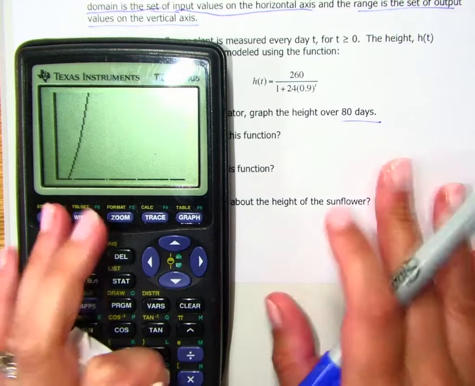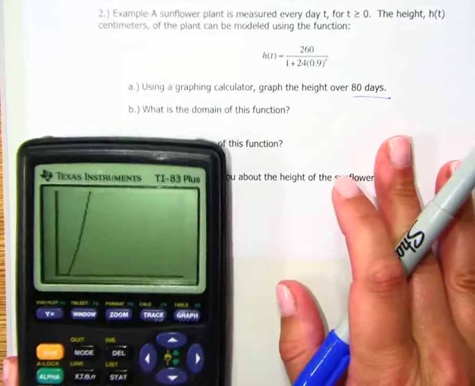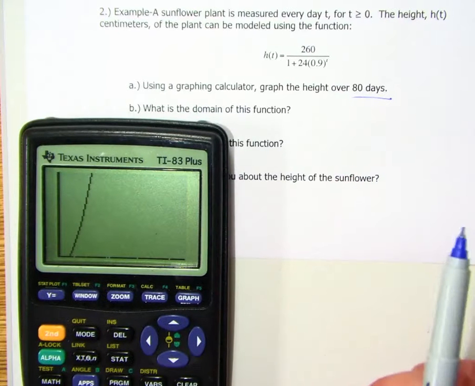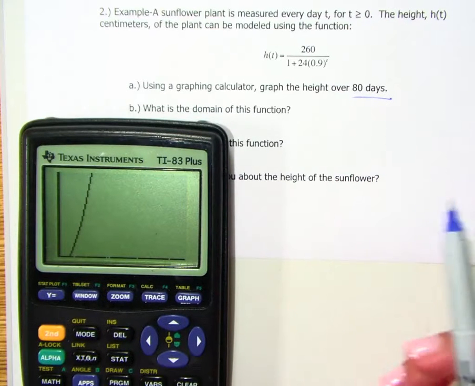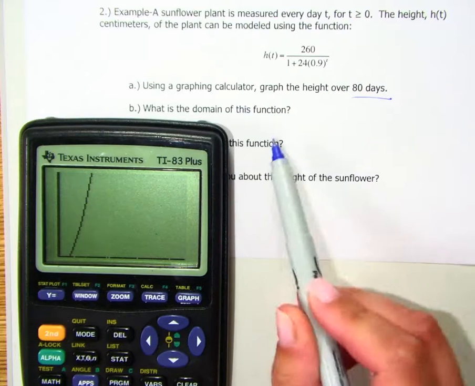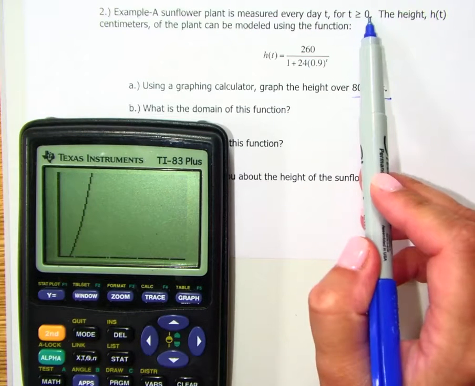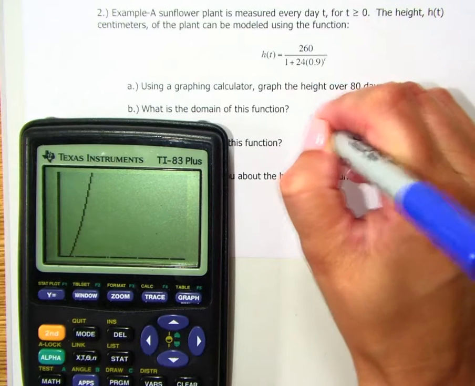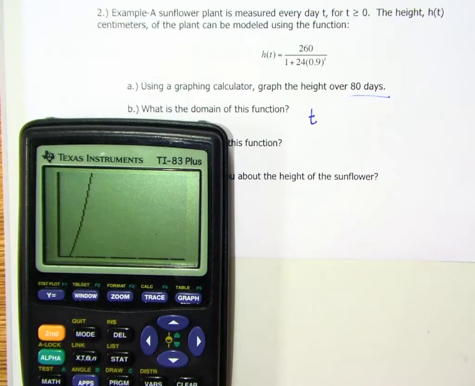So part B then is asking us, what is the domain of this function? Okay, so the domain is our input. So we know we're starting with when t is 0. So I'm going to use the variable t as my variable since that is what they're defining as the input.